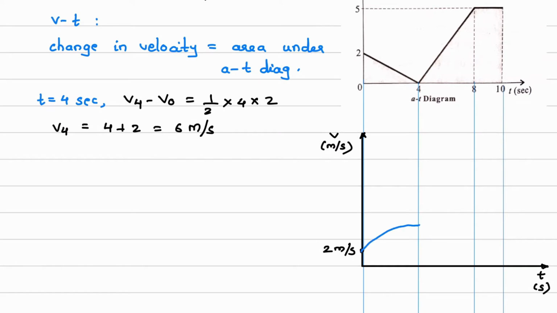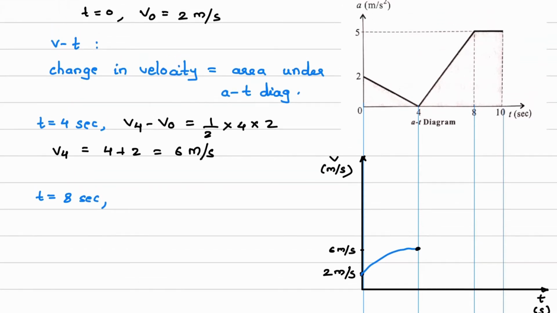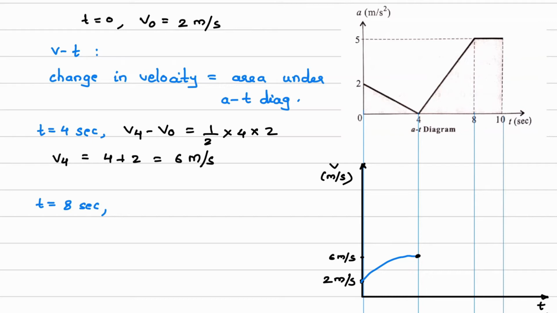Okay, so this is 6 meter per second. So here you can mark, this is 6 meter per second. Then we will consider next time, which is 8 seconds. So when t is equal to 8 seconds, we can write change in velocity, which is V8 minus V4 is equal to area under AT diagram.